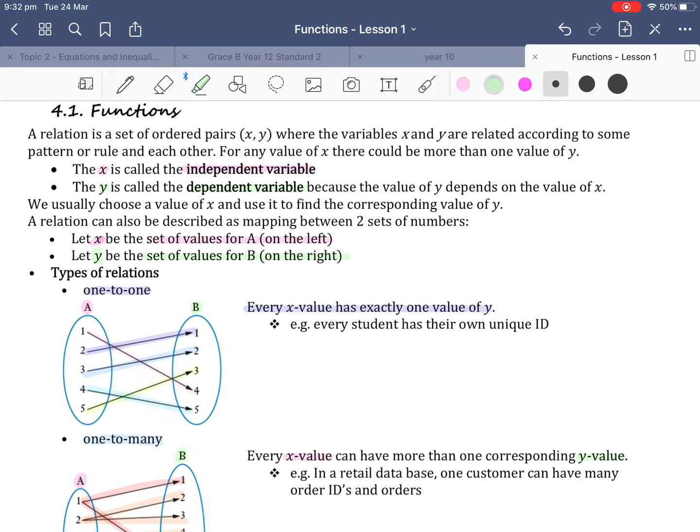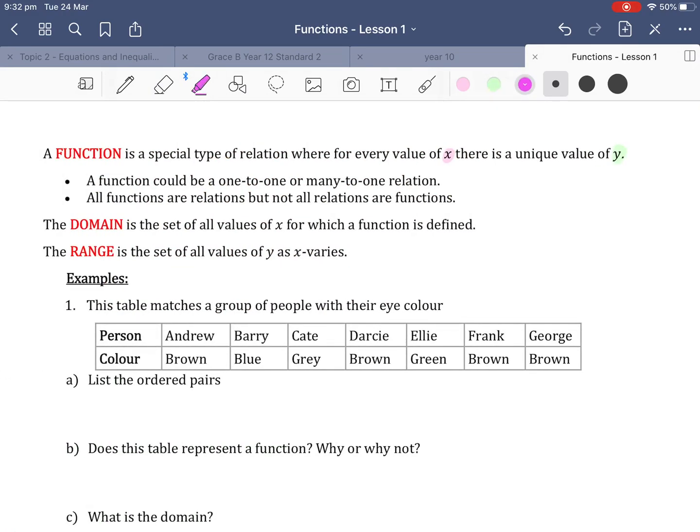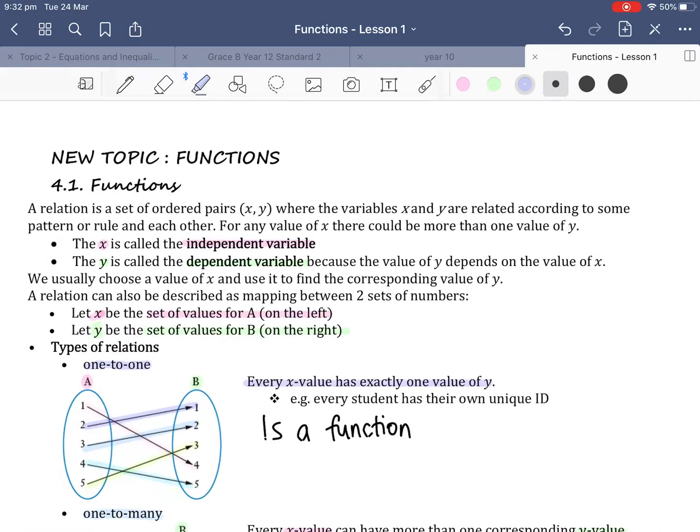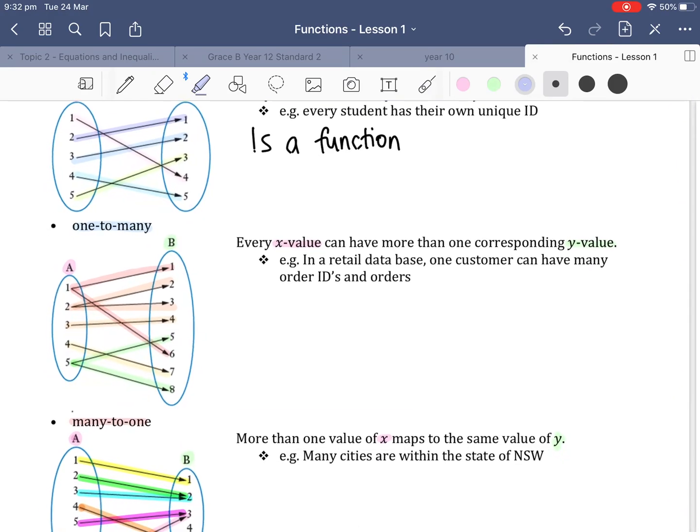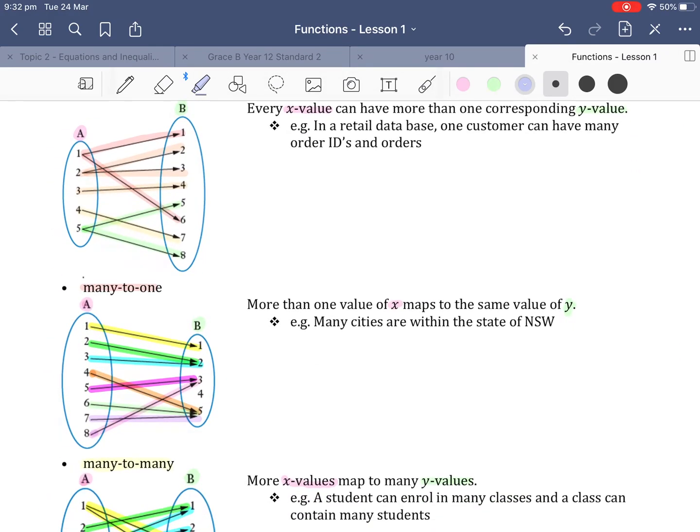So a function can be a one-to-one. That means that this is a function. Our one-to-one is this purple color. Or we have our many-to-one, which is also a function.